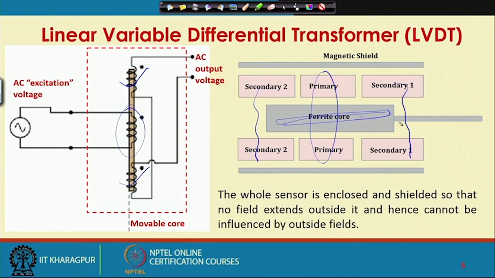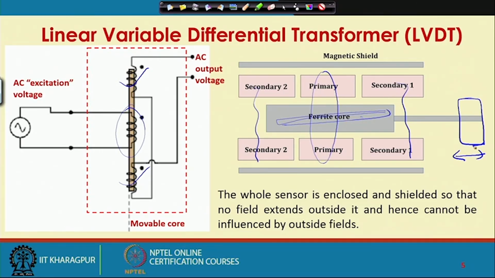This core is connected to the object whose displacement needs to be measured. So, this object is physically connected to this ferrite core.